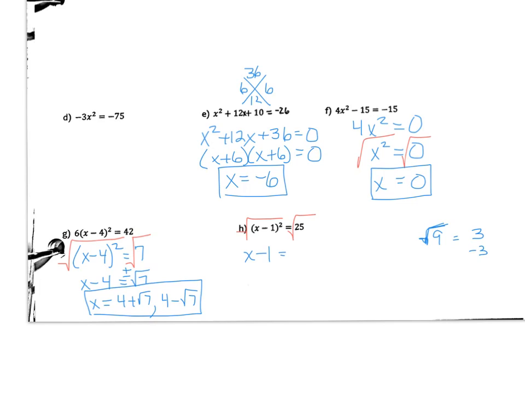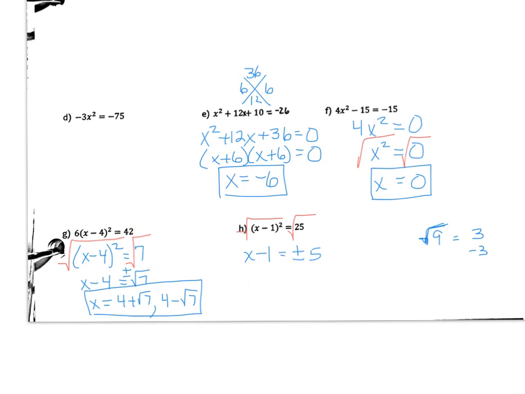And the square root of 25 could be positive or negative 5. Right? Because a positive 5 times a positive 5 is 25. And a negative 5 times a negative 5 is 25. So it could be plus or minus.